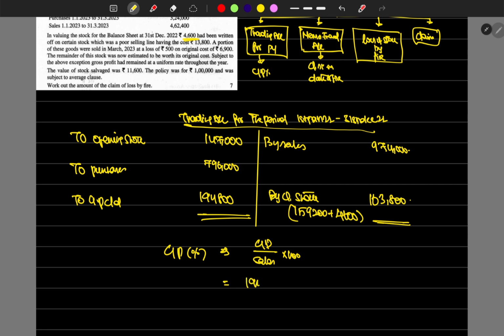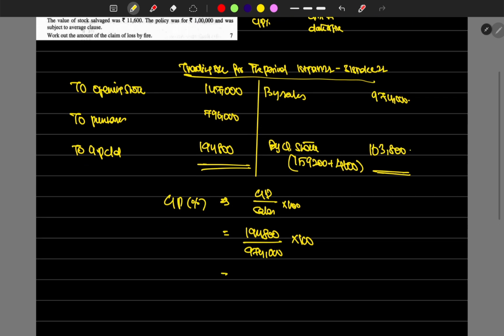What's the GP? 1,94,800 divided by 9,74,000 into 100, which is 20% is the GP percentage.